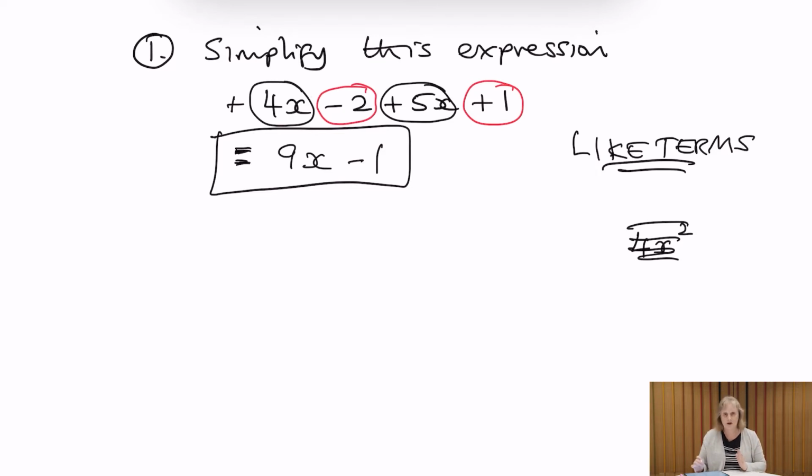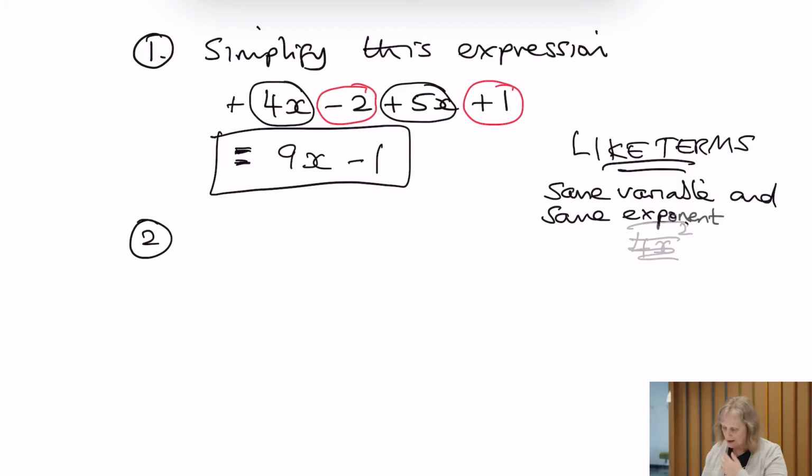There's no more like terms that we can simplify. So the important thing here is like terms: we have the same variable and the same exponent.